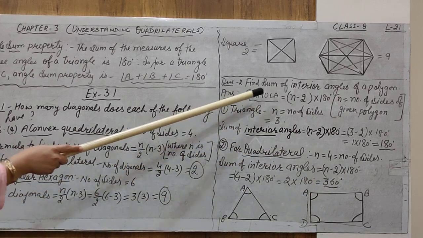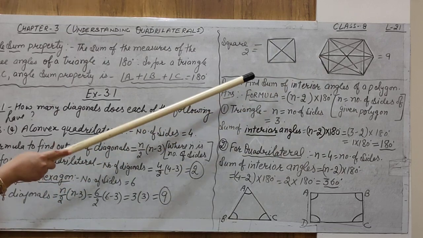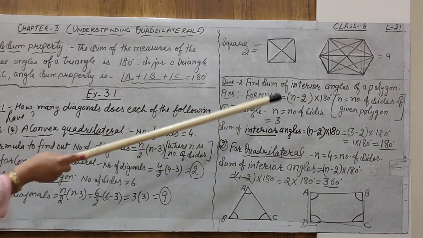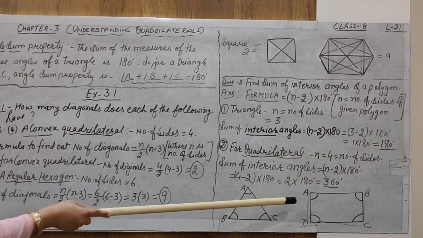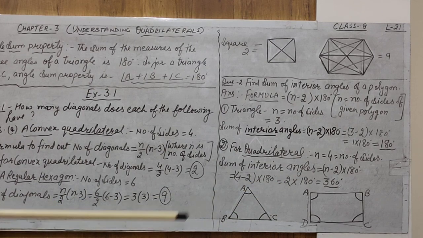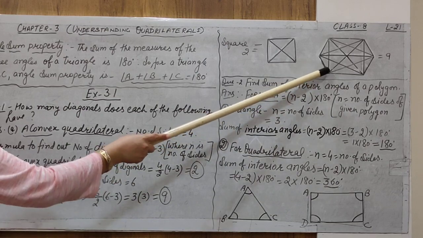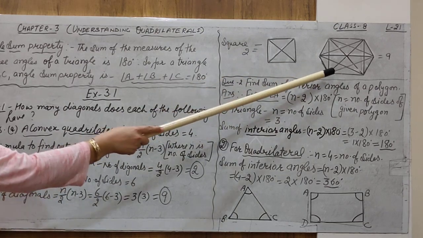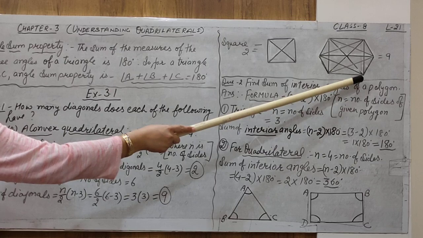Now we have to find the sum of interior angles of a polygon. In some polygons like a triangle we have three angles. In a quadrilateral like a rectangle we have four angles. Now in a pentagon or in a hexagon, how many angles are there? Let us consider a hexagon. The number of vertices is equal to the number of angles: 1, 2, 3, 4, 5, 6.